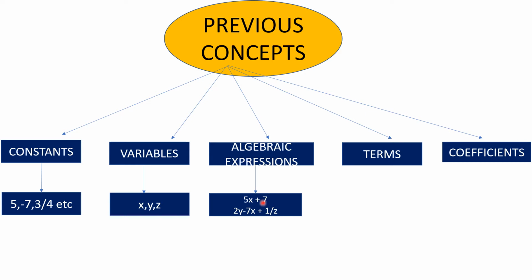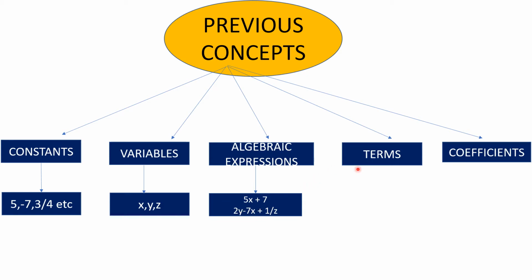So it is an algebraic expression. Second example, 2y minus 7x plus 1 upon z. 2y is a variable, 7x is a variable, 1 upon z is also a variable. But these are connected by the operators minus and plus. So you call this an algebraic expression.